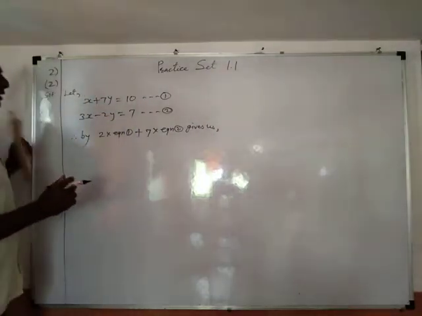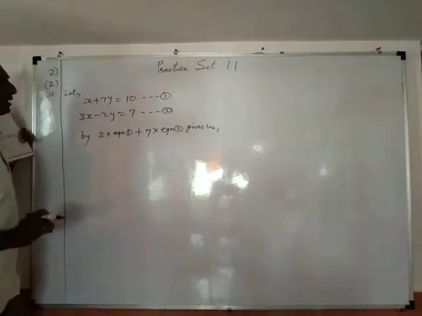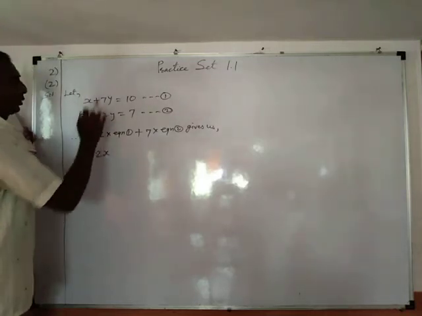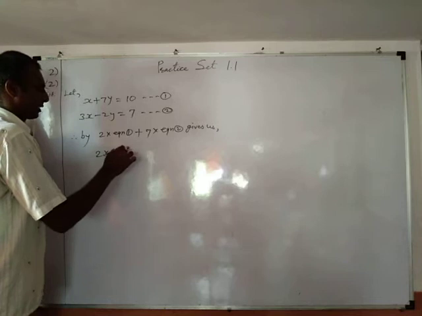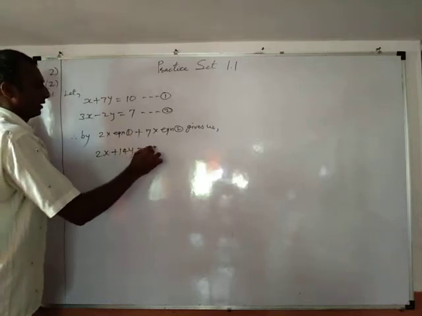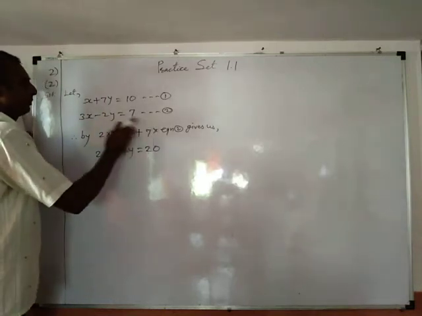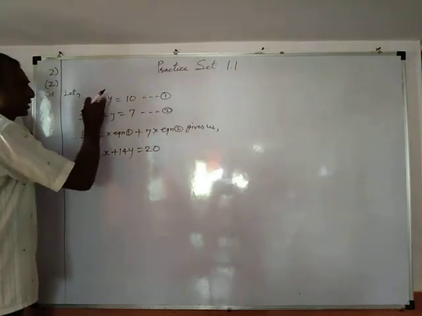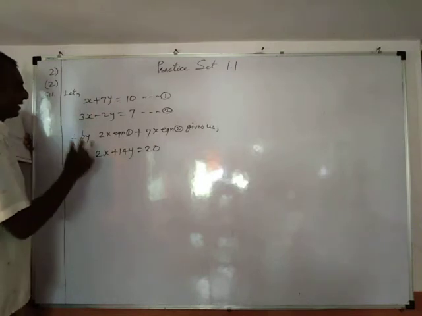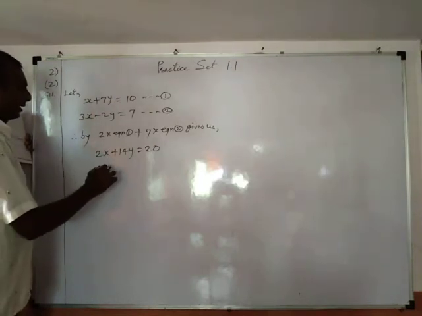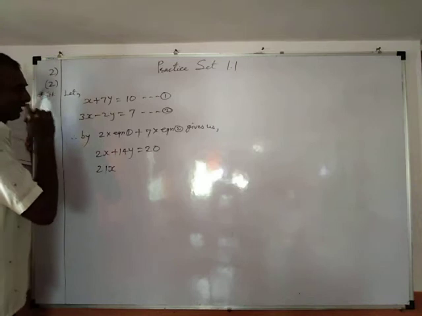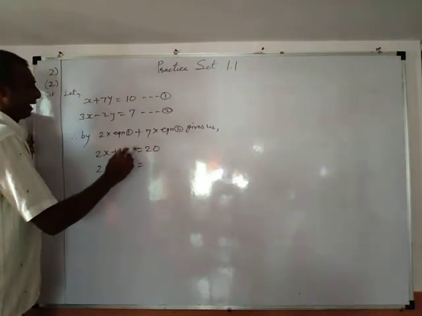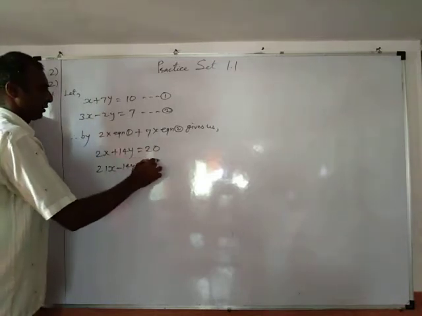Let us see what it gives us. Multiplying equation 1 by 2, we get 2 into x, 2x, 2 into 7y, 14y, 2 into 10, 20. Similarly, multiplying equation second by 7, because the coefficient of y in the first equation is 7, 7 3s are 21 into x, 7 into minus 2y, minus 14y, and again 7 into 7, 49.